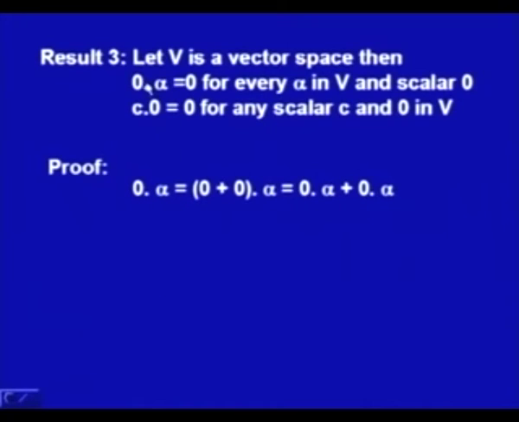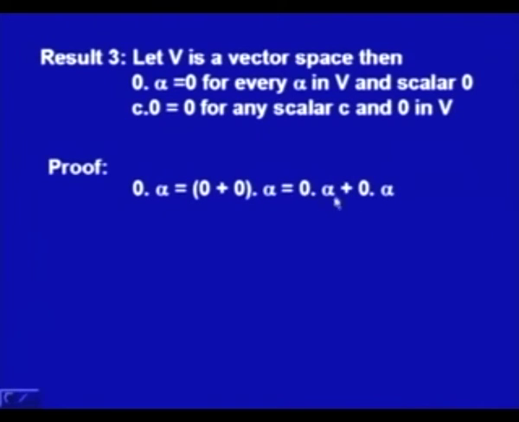Now, to prove this, we start with the first one, 0 multiplied by alpha. Now, I write this as 0 plus 0 multiplied by alpha. There is absolutely no problem because 0 is a scalar quantity. So, 0 plus 0 is a scalar, still 0. So, 0 plus 0 alpha is equal to 0 alpha plus 0 alpha. Why?